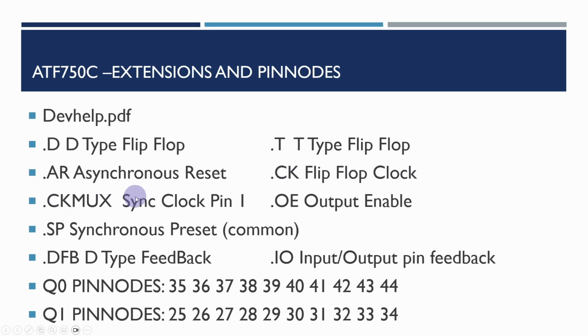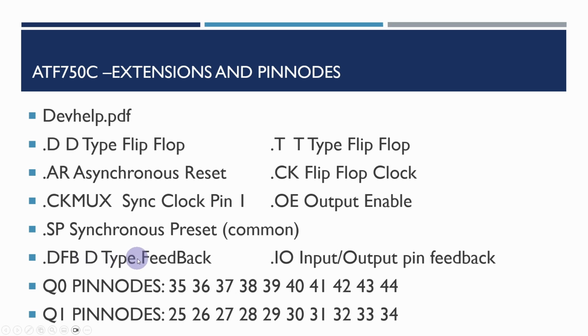The CK mux just allows us to use pin 1 clock for a particular flip-flop, output enable pretty much as was previous. Synchronous preset is common across all flip-flops, so it's not quite as useful. And then these two ones here, which I'll explain in a diagram on the next 2 slides.